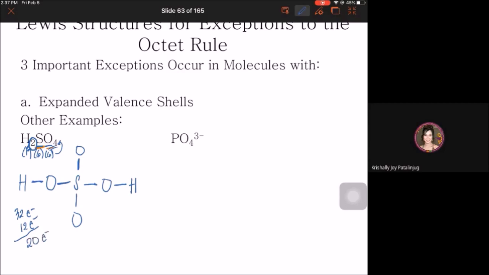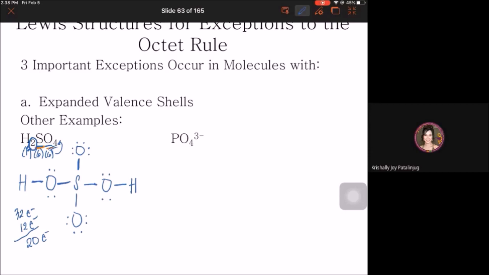20 electrons. Okay, so itong 20 electrons na to, distribute mo yan individually sa surrounding atom. So you start, of course, sa oxygen na isa lang yung bond. Okay, so 12 na yung na-distribute. Kulang pa. Distribute mo yung remaining sa another central na oxygen.